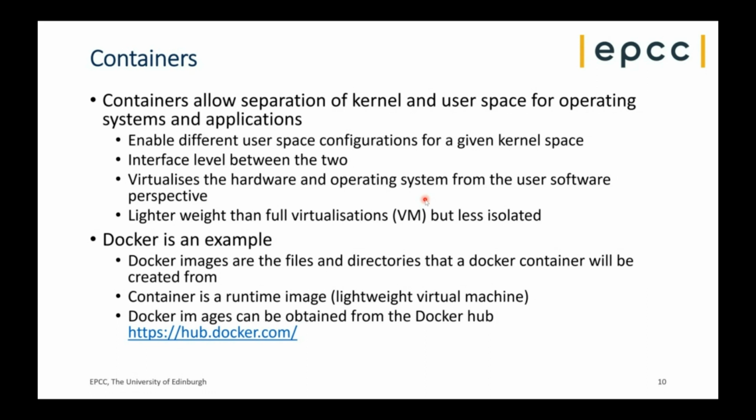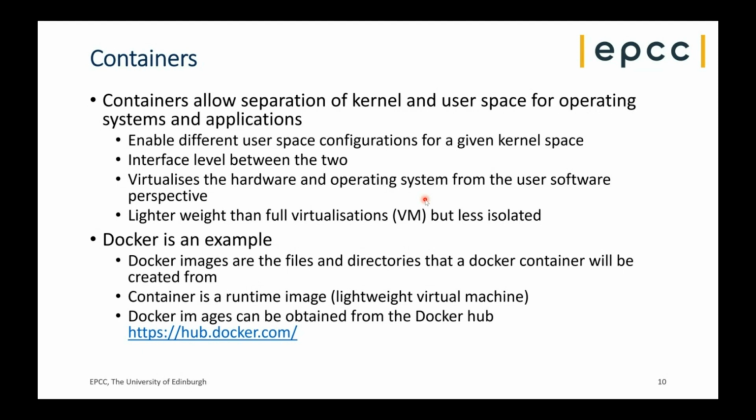The nice thing about this is that there are lots of default containers available out there for you, particularly on things like Docker Hub, which already have things installed that you can just pull and use. Of course, there are some challenges, because these default containers generally won't be built for the high performance network we have on ARCHER2.